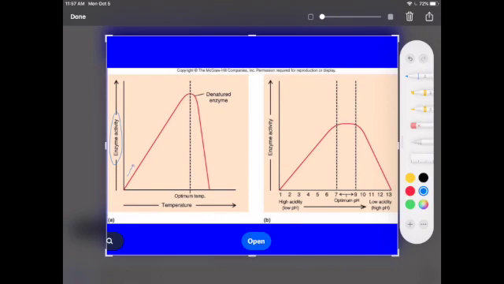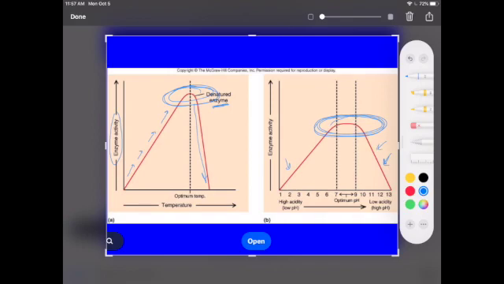Enzyme activity will keep increasing until it gets to its optimal temperature, right around up here, and then it's going to drop off once it gets to a certain temperature. That's because the enzyme has been denatured. Likewise, enzymes get denatured at pH extremes.